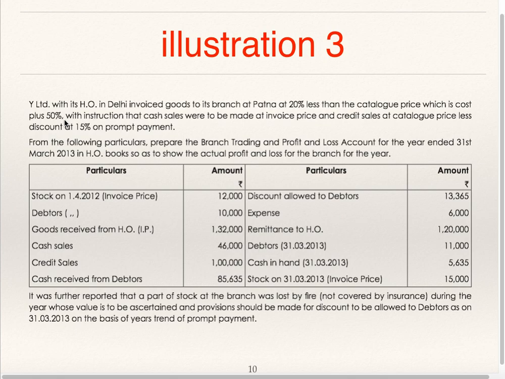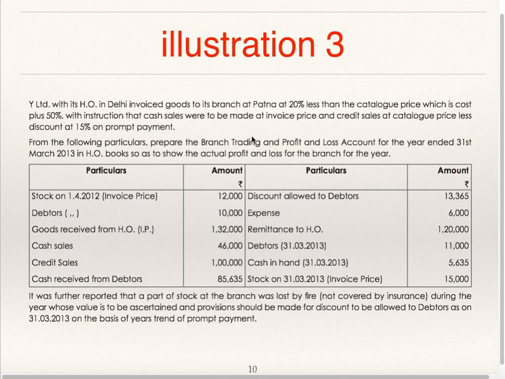That is, if cost is 100, catalog price is 150 and invoice price is 20% less than 150. With instructions that cash sales were to be made at invoice price and credit sales at catalog price, less discount at 15% on prompt payment. Cash sales at invoice price and credit sales at catalog price.